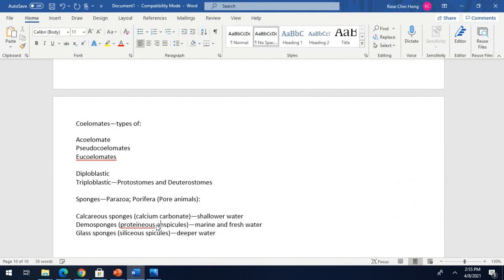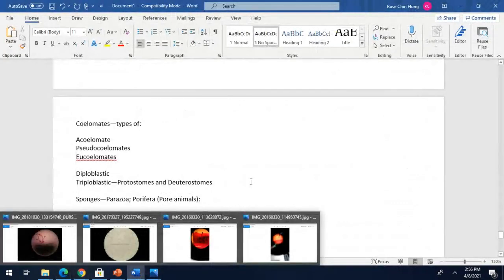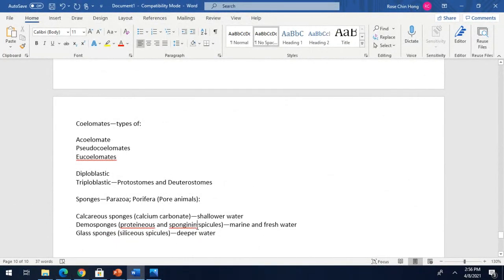Spicules and spongin. Did I spell it right? I might have it wrong. I couldn't remember how to spell it. Spongin. Okay. And let's see, protein. So that's protein. All right. So this allows it to have different kinds of stuff. So this is like protein-like. So this is a combination of this.